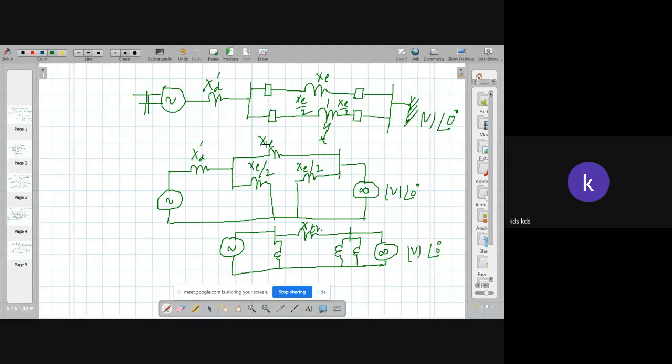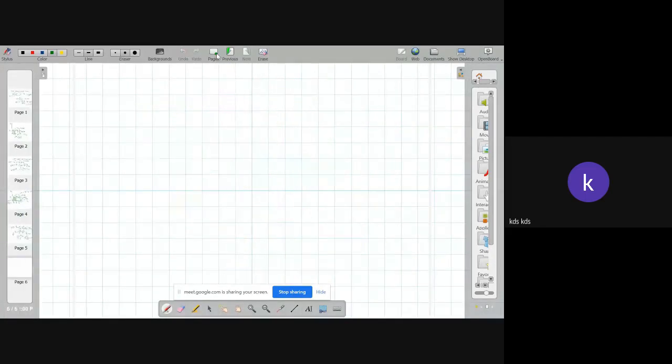So okay, with this explanation, I can say that we have now three power angle curves. One is the curve which is pre-fault, second is during fault, and third is post-fault.